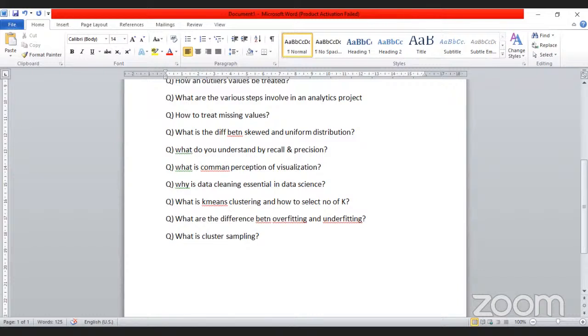For example, researchers want to survey the academic performance of high school students. They are considering schools from Japan, and they want to know the performance of high school students. They will divide the entire population, the entire data of Japan, into different clusters.